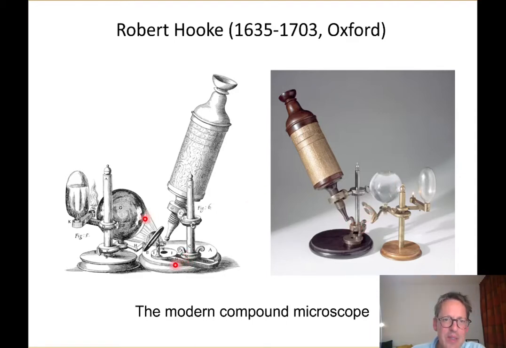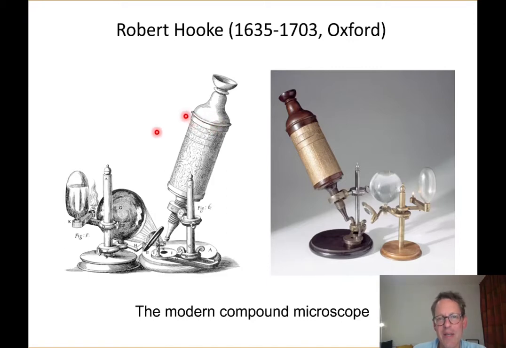You can see it better on the image on the left here. There's a little pin. The pin contains the sample, for example, a droplet of pond water containing microorganisms, and then the light from the flame is thrown onto the sample, and the light is then reflected into the microscope here, and down here you have an objective lens, a tiny lens with high refractive power, and then there's an eyepiece up here, an ocular.